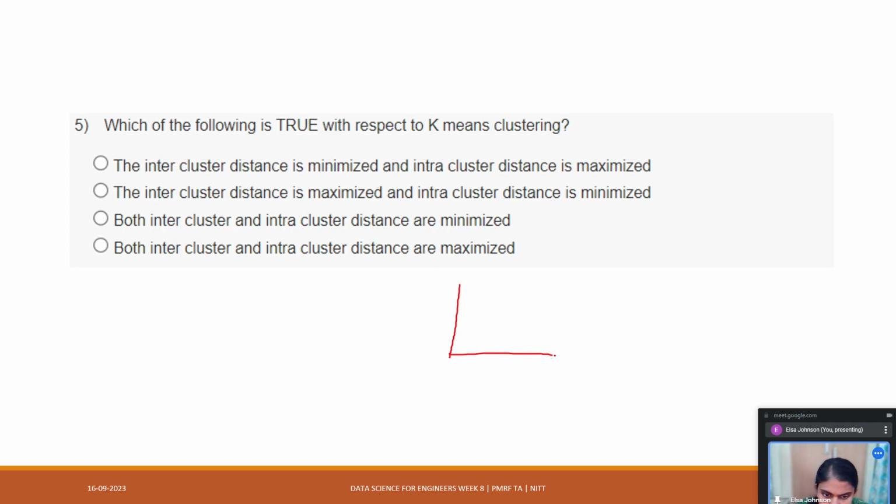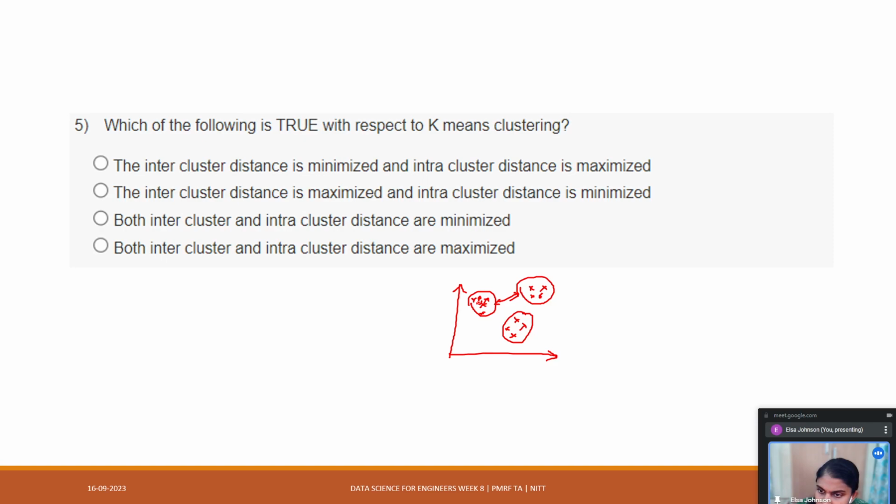Just for clarification, if you have two clusters like this, okay, different points are there, okay, three clusters are there. The intercluster distance is the distance between two clusters, and intra-cluster distance is how big the cluster is within the cluster.